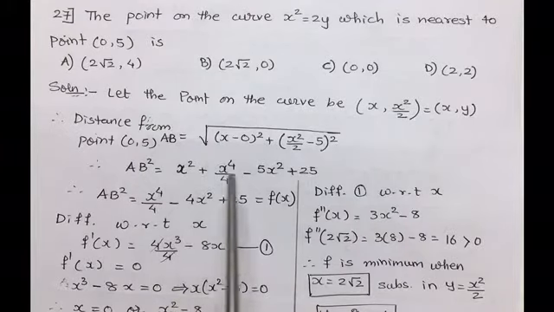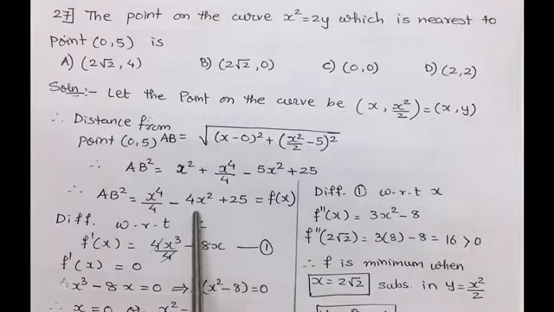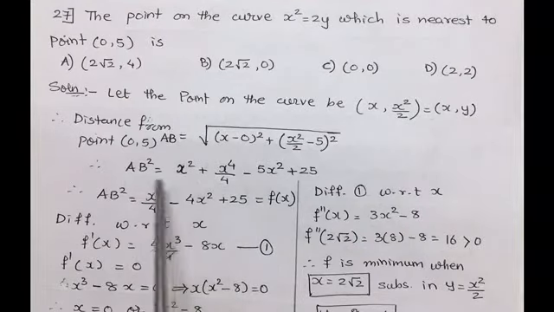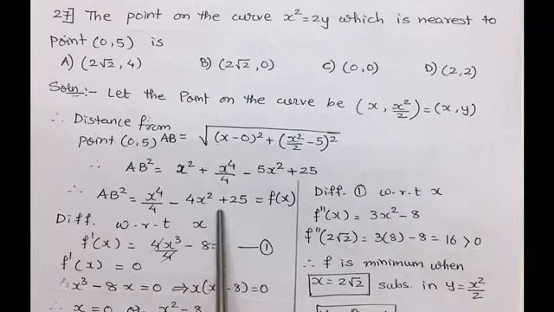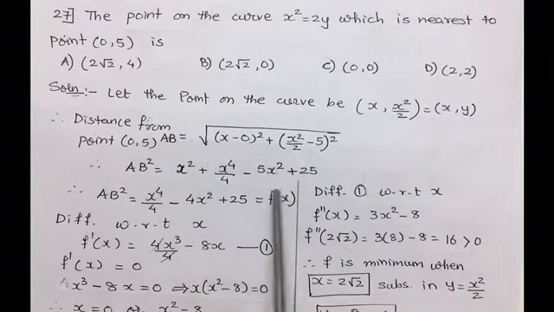Now x square and minus 5x square gives us minus 4x square. So the distance equation becomes x raised to 4 upon 4 minus 4x square plus 25, and that will be assumed as f(x). Now to find the nearest point means the distance is minimum.